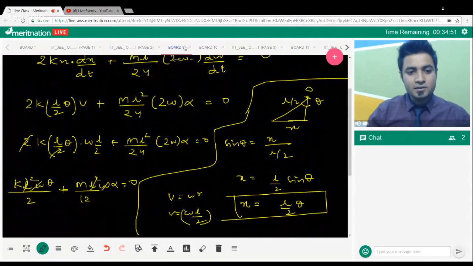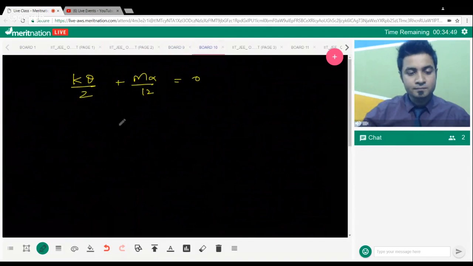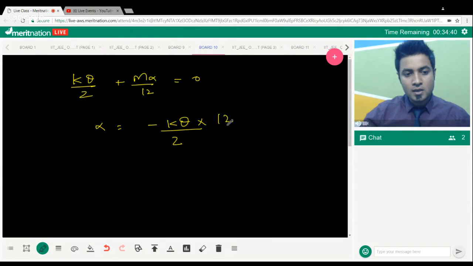So this is the thing, guys. I'm going to put alpha here as minus k theta upon 2 times 12 upon m. So this will become 6, and alpha comes out to be minus 6k upon m theta.